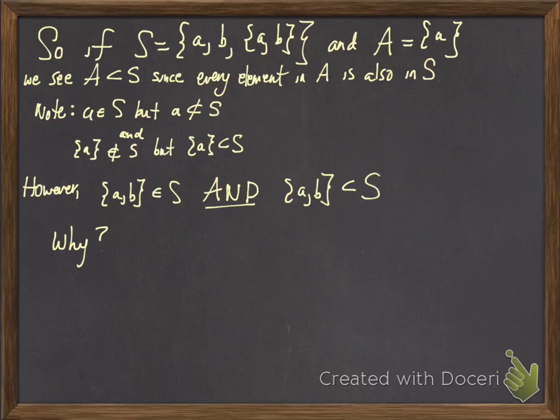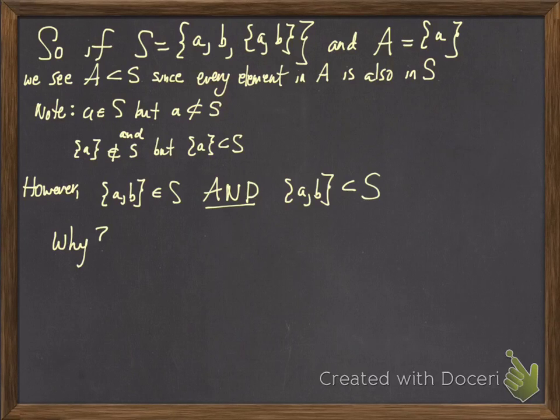The set containing a, b is an element of S. Now, since a and b are elements of S also, the set containing just a, b is a subset of S, since every element in the set containing a, b is also in S. All right, think about that one.